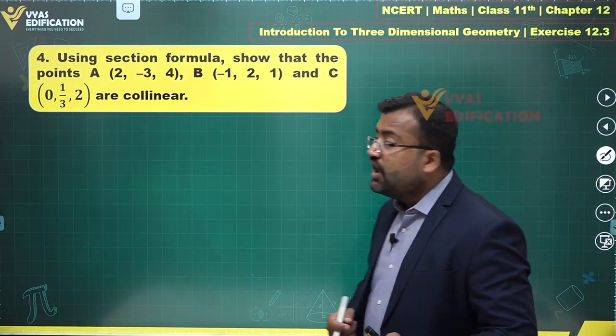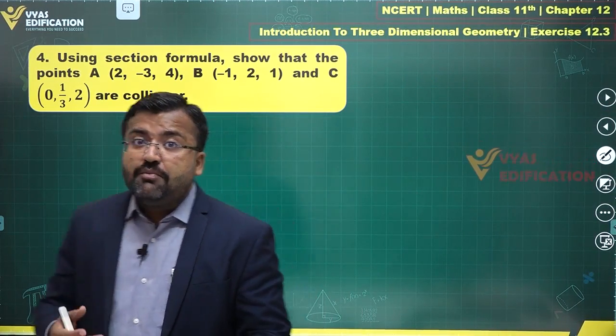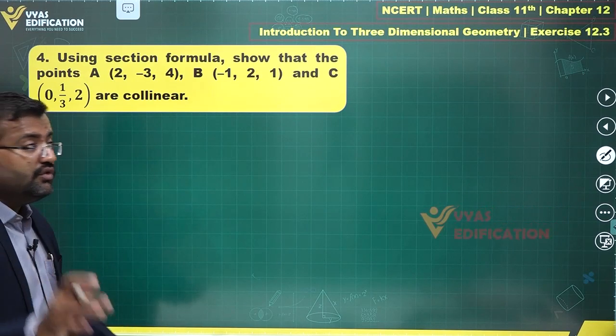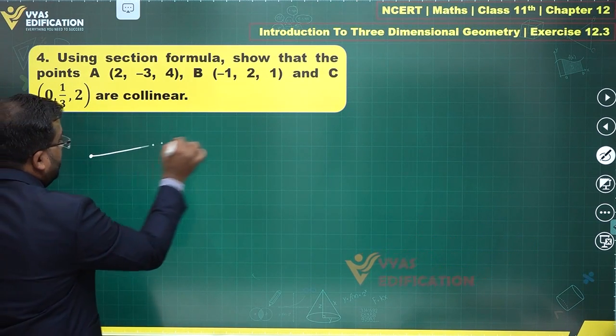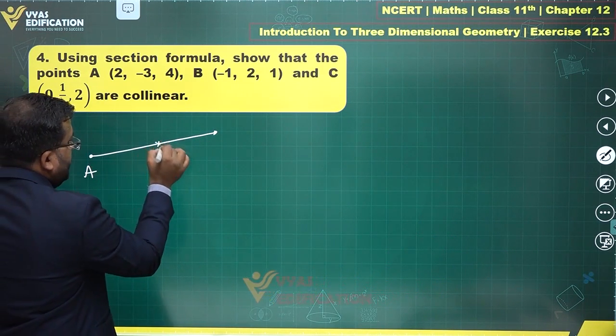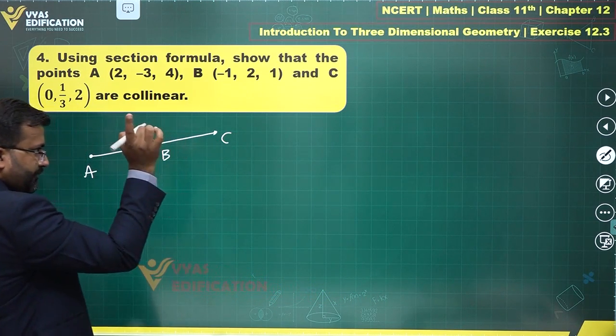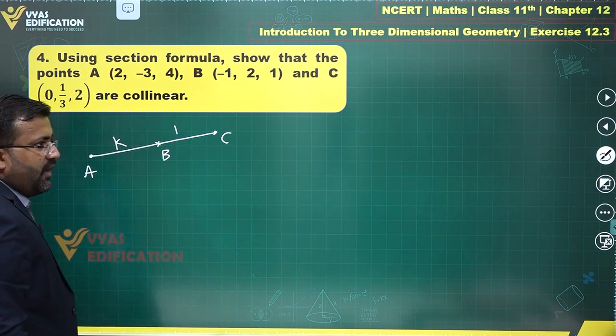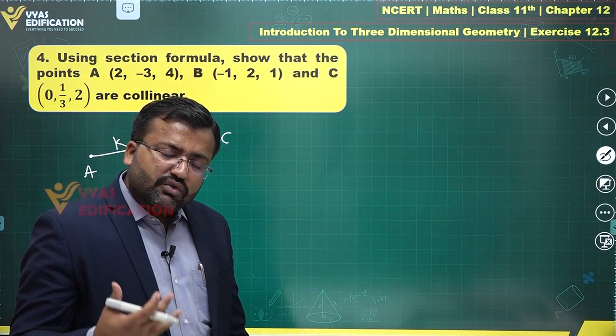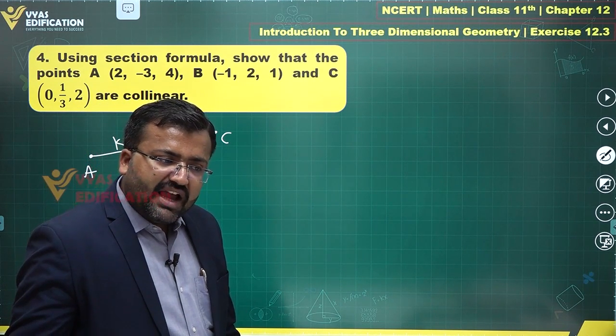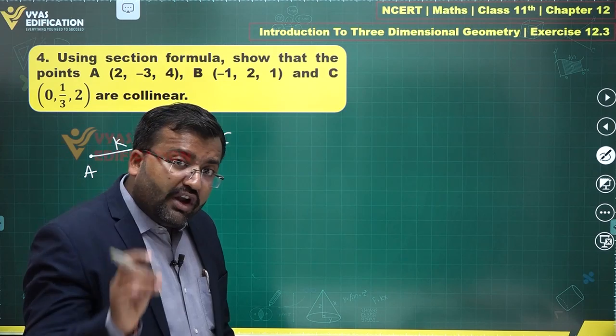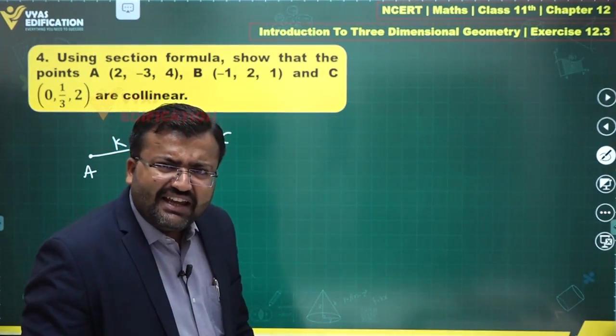What does the idea say? Using section formula, show that the points A, B and C are collinear. What are we supposed to do? Simply mark points A, B, C. First of all, take the ratio of B as K is to 1. Note the coordinates of B using K, and for X, Y and Z, you can easily find K, right?